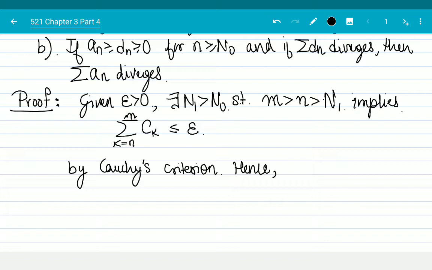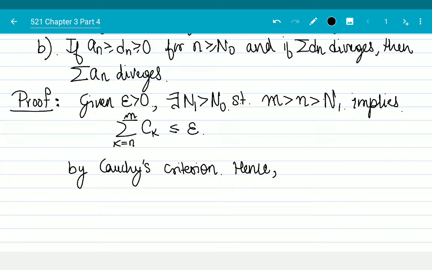If n1 was smaller than n naught, you can just take it to be n naught plus 1, and it would still work, right? Any bigger n1 works. There is a minimum n1, but any n1 after that works. So you can always choose an n1 which is bigger than n naught such that this happens.